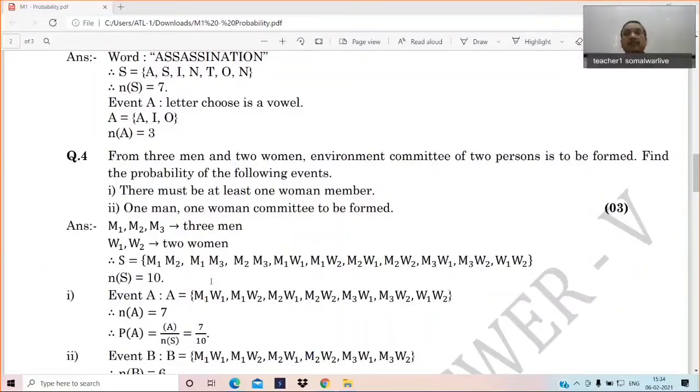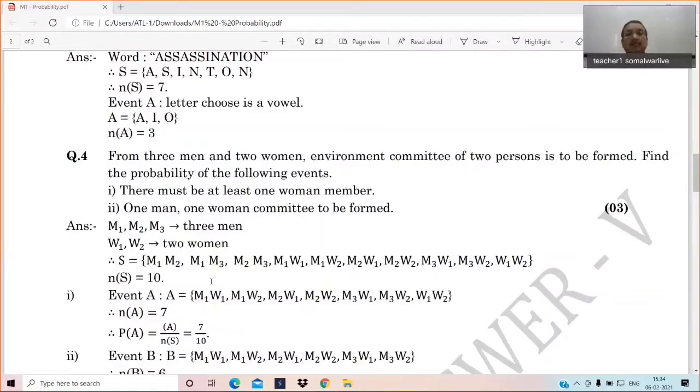So let us take M1, M2, M3 as 3 men and W1, W2 as 2 women. Sorry, 3 men and 2 women, total 5 members. So out of these 5 members, how many committees can be formed of 2 persons?